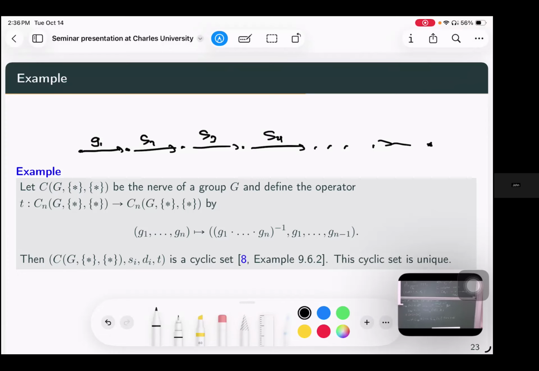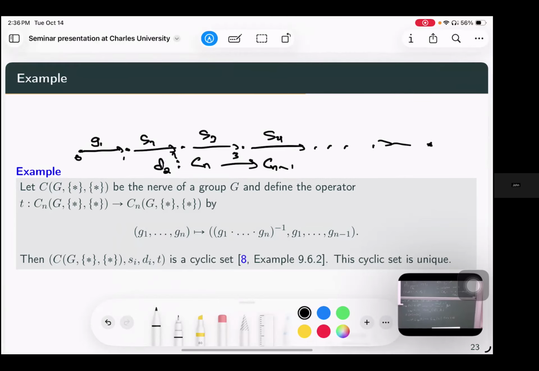Why? Because I can have my di's reducing. For example, if I have C_n, I'll go down to C_{n-1}. If, for example, this is my 0 term, my 1 term, my second term, third term, and I want to apply, say, d2, what I have to do is multiply these two, thereby reducing the length of the morphisms.